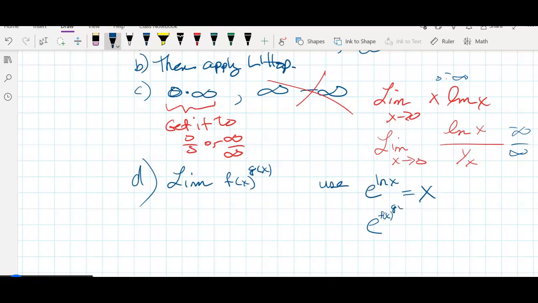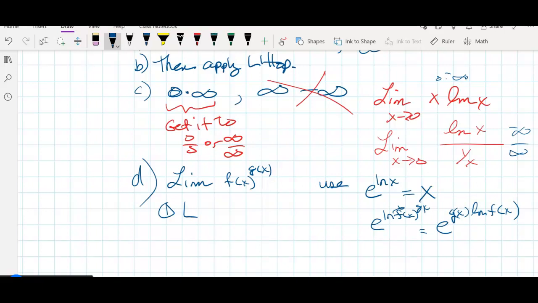Sorry, I forgot my ln. Let me redo that. E to the ln of g of x. Remember that? And then I use the power rule for natural logs to move the g of x out front. Okay, so 2-step. All you got to remember is the 2-step process. First step, we're going to define a new limit.